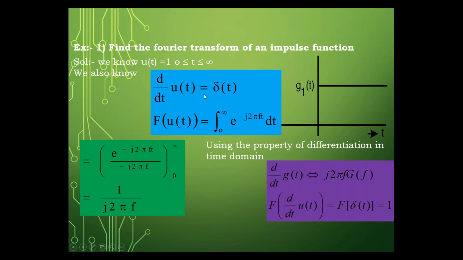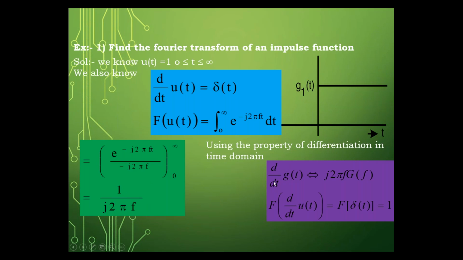If you differentiate the unit step function, you will get an impulse function. First you need to know the Fourier transform of u of t. The Fourier transform of u of t is 1 by j2 pi f.